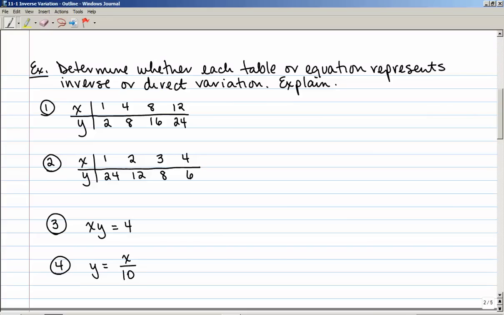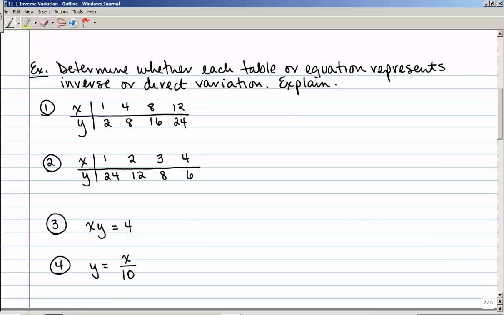So for number 1 here, we have an xy table, and you'll notice that when x is 1, y is 2, when x is 4, y is 8, and so on. And looking more closely at this, to get each y value, the 2, the 8, the 16, each of the x's is multiplied by 2.